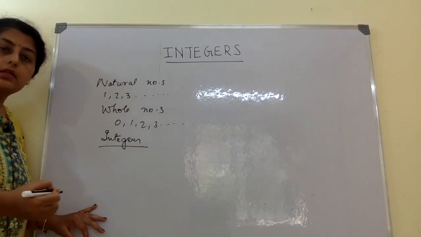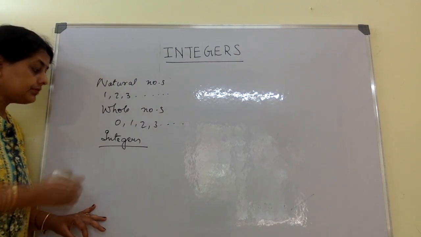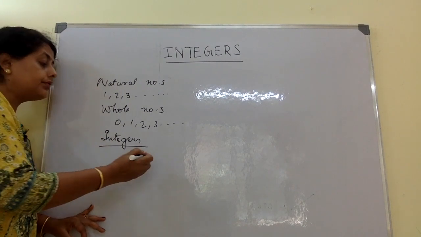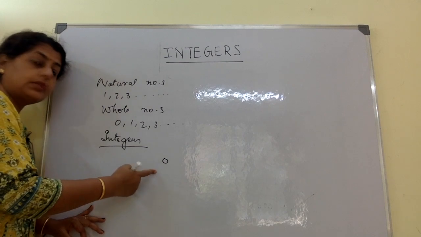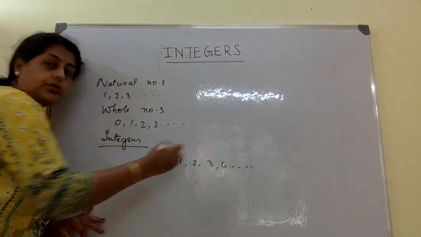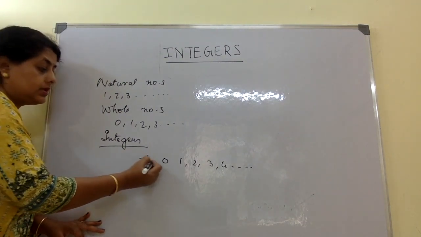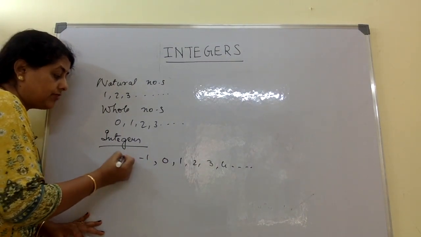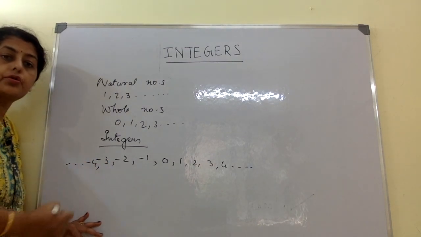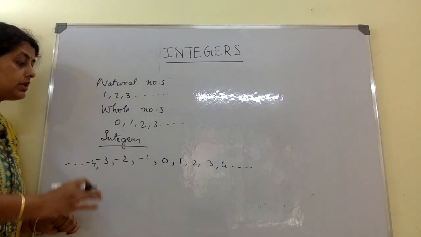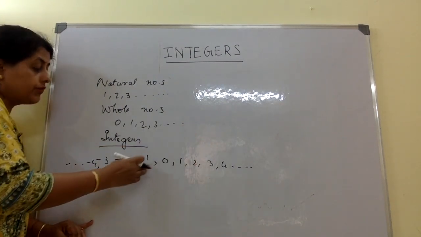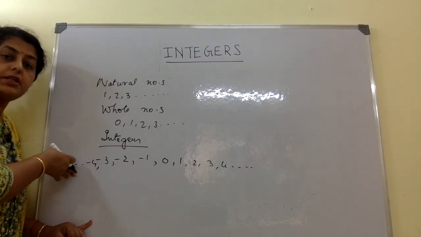In integers we have the 0 here in the number line, then I have 1, 2, 3, 4, dot dot dot, and I have -1, -2, -3, -4, and then dot dot dot. So in integers we take the 0 also, we take 1, 2, 3, 4, and we take -1, -2, -3, -4 also.